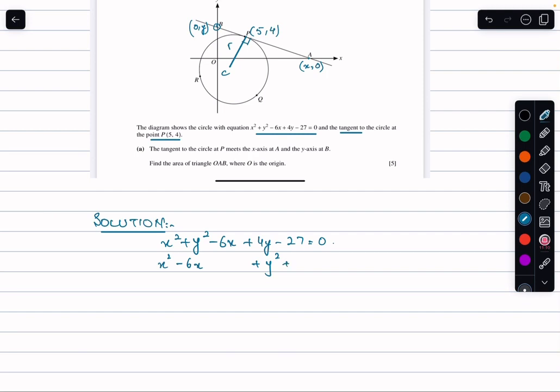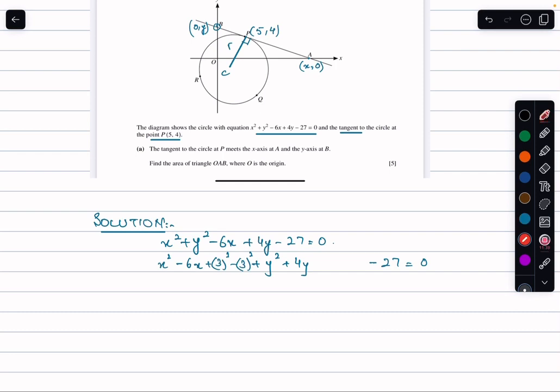It's y squared plus 4y, leaving space for the y term that we need to add to make it a perfect square and to apply the algebraic identity. Minus 27 is equal to 0. So following the steps, I should first divide 6 by 2, which is the coefficient of x, to get a 3. So I will be adding a 3 squared and I will be subtracting the 3 squared also.